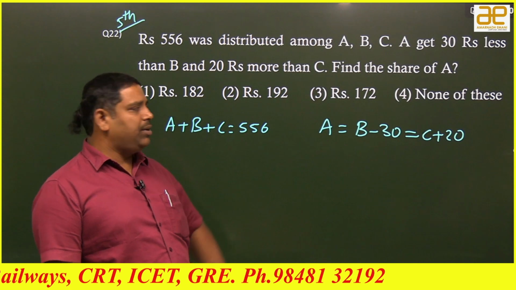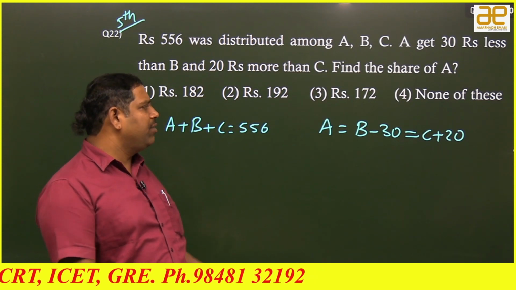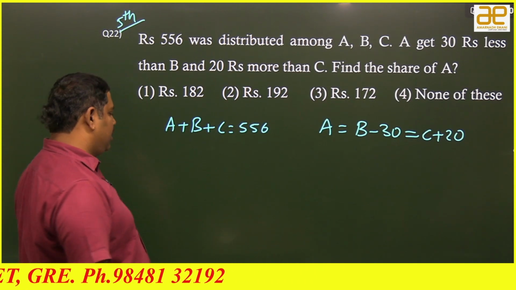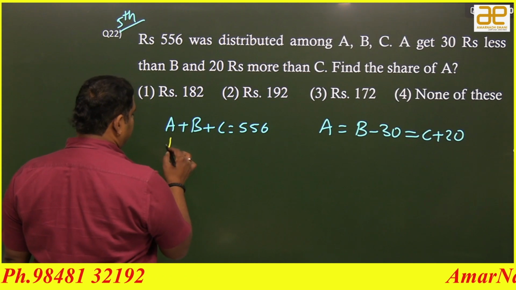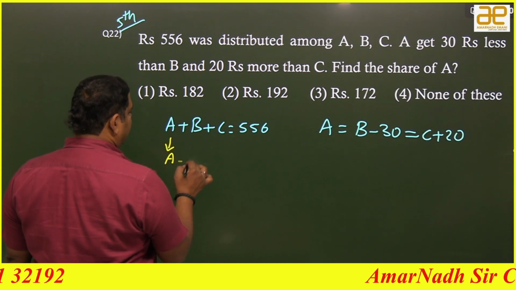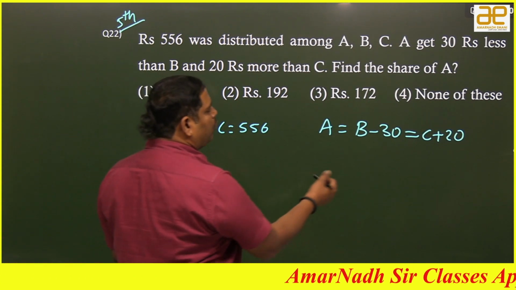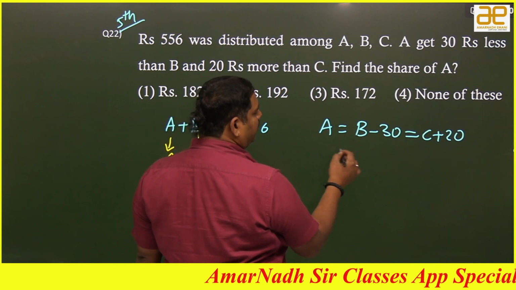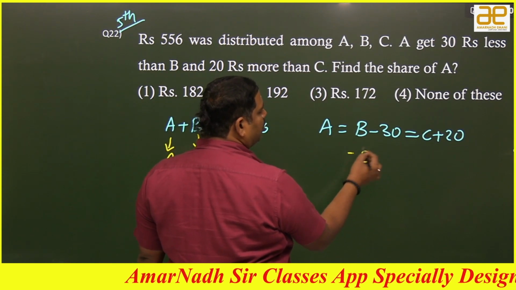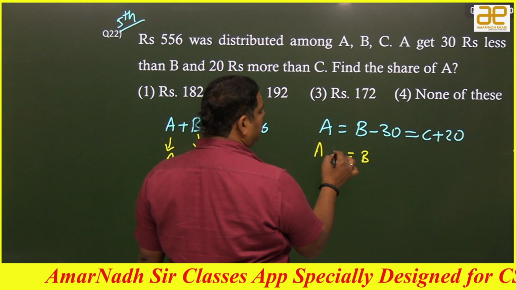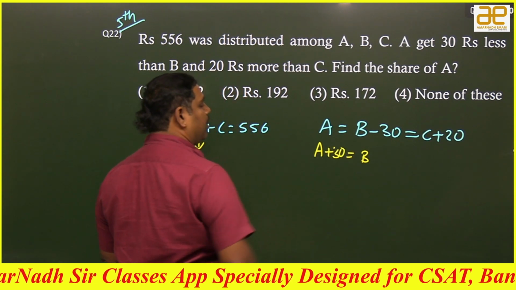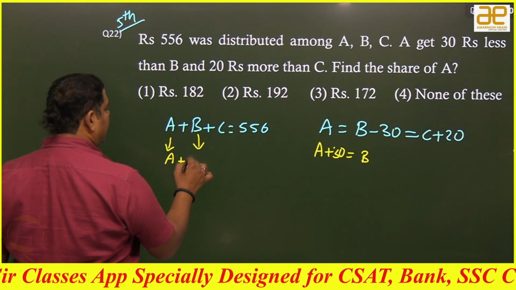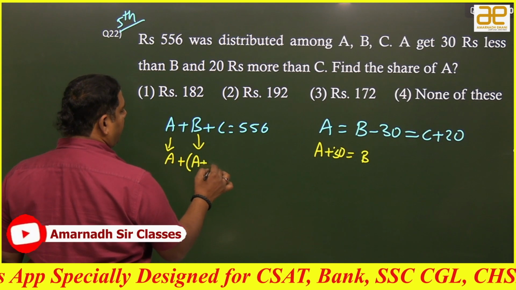He is asking about the share of A, so convert everything into A. Sir, this is already A, so I am writing as is. Next, coming to B, what do I have to do? B minus 30 is A, so B equals, moving the minus 30 this side, A plus 30. So B is A plus 30.